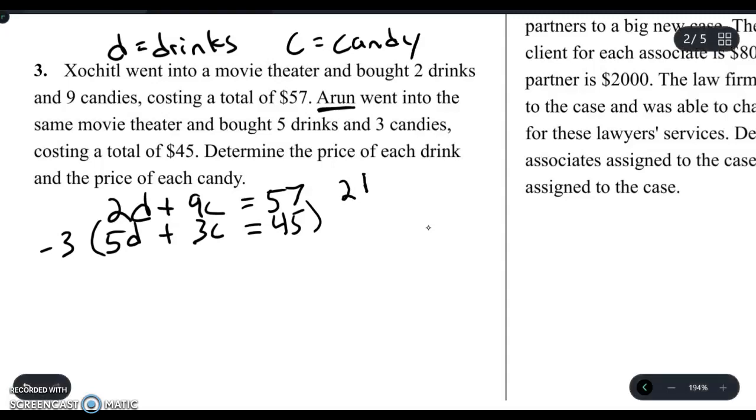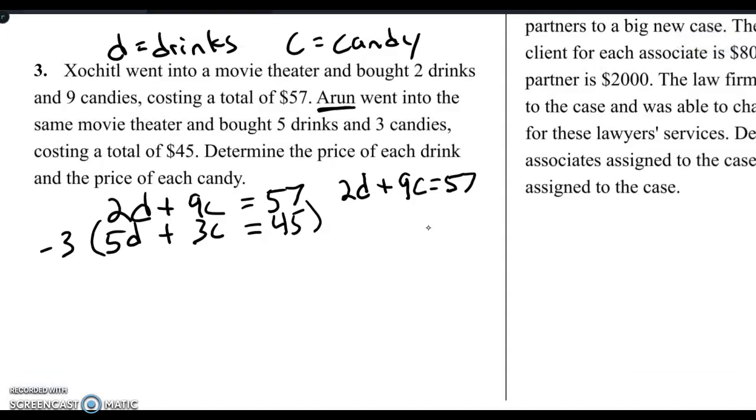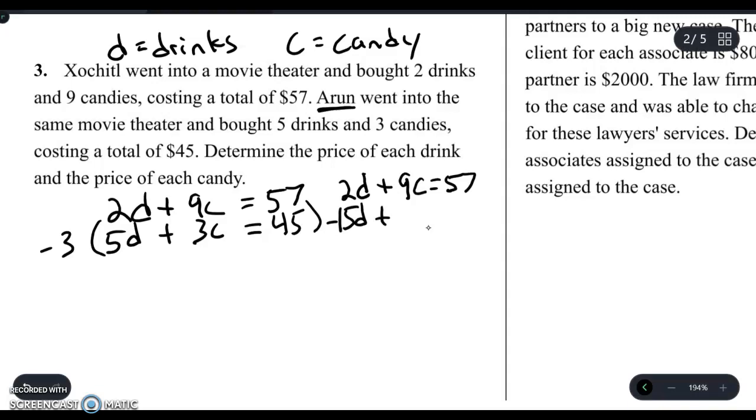So I have 2D plus 9C is equal to 57. And then on the bottom equation, I'll have -15D minus 9C is equal to 45.